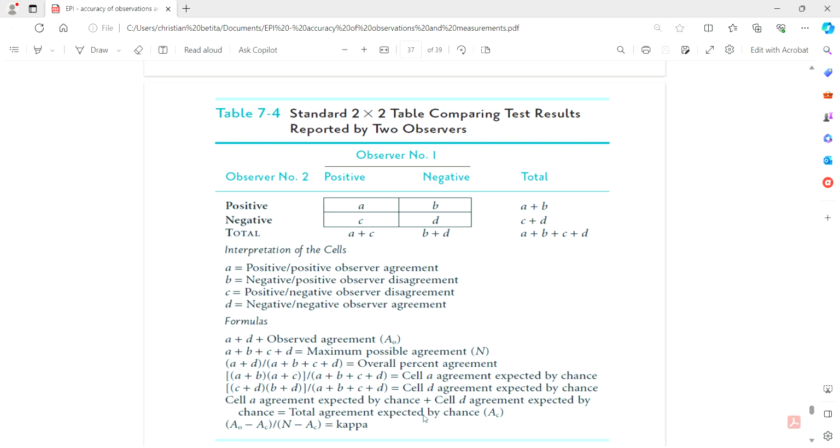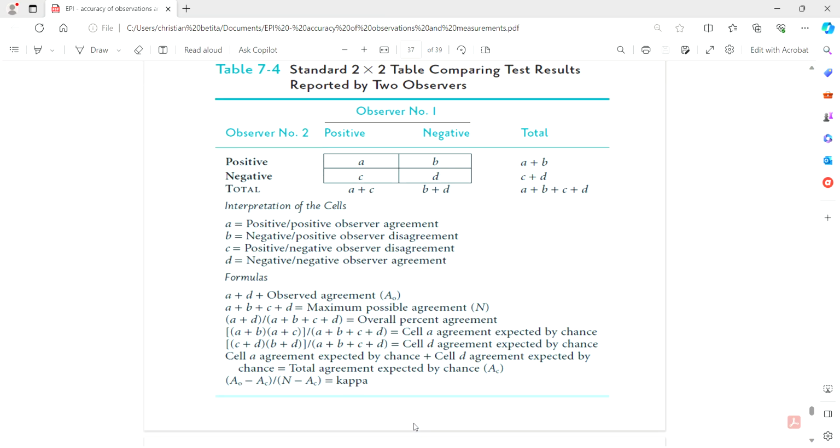Total agreement expected by chance, that's cell A agreement expected by chance plus cell D agreement expected by chance. And your kappa is simply observed agreement minus the total agreement expected by chance, divided by the maximum possible agreement minus the total agreement expected by chance.